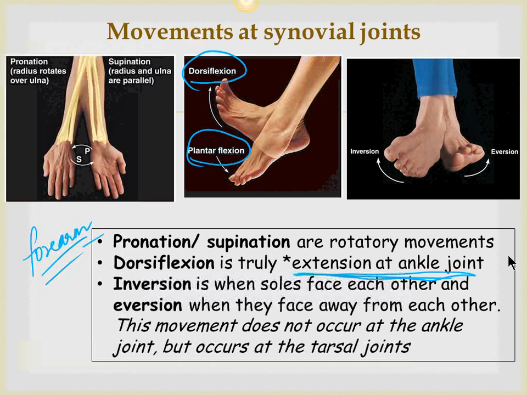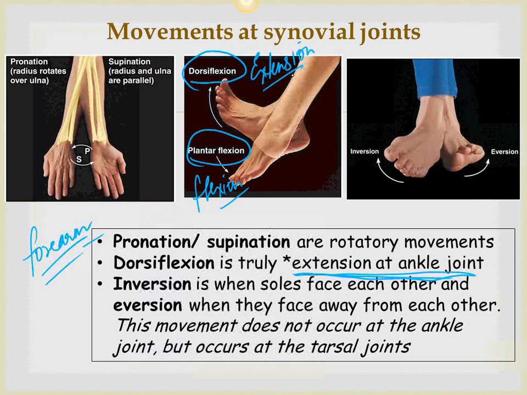So because of the way the fetus developed, we don't call this movement of the ankle going up extension. Though it is extension, we call it dorsiflexion. And this movement where the ankle goes down is called plantar flexion, and this is true flexion.